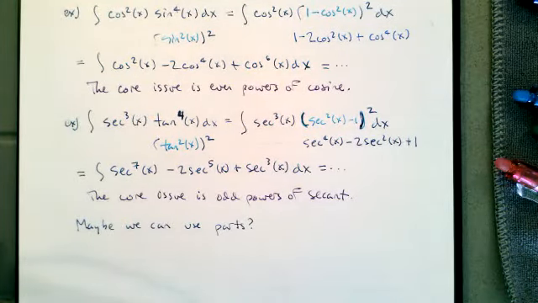So parts is possibly something that we can do. However, we're going to need more pieces to make parts go. Remember that in parts, dv needs to be something that we can integrate. And also remember, we don't want to make things worse.